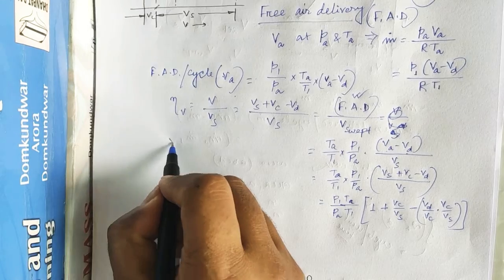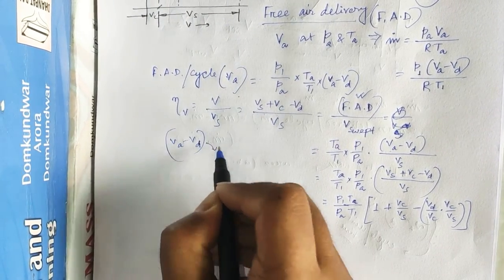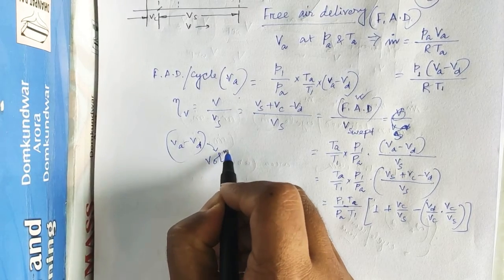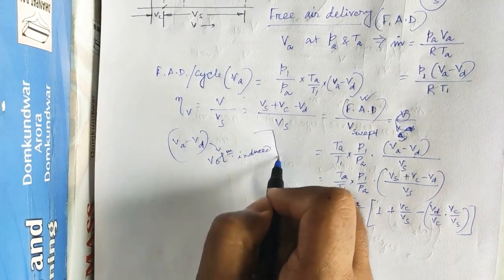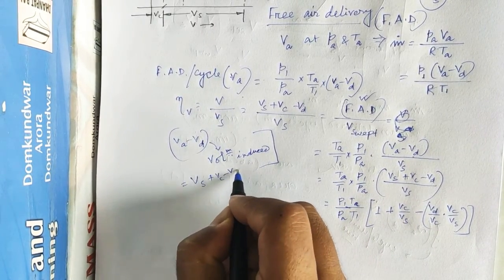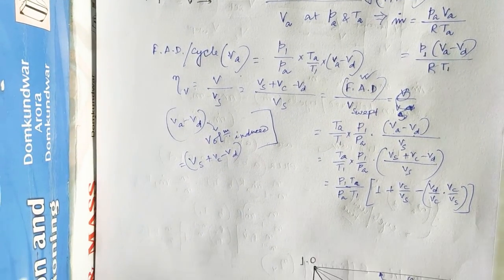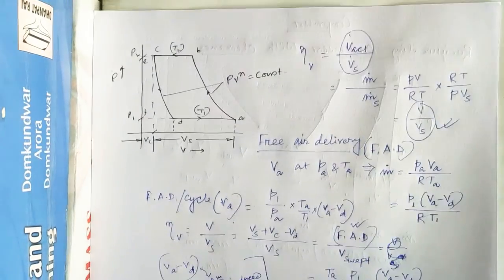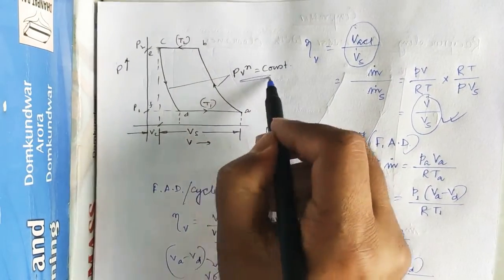Now here this VA minus VD is the volume induced, which is equal to Vs plus Vc minus Vd. Now if we consider the actual thermodynamic process, then process C to D is a polytropic process, which is Pv to the n equal to constant.